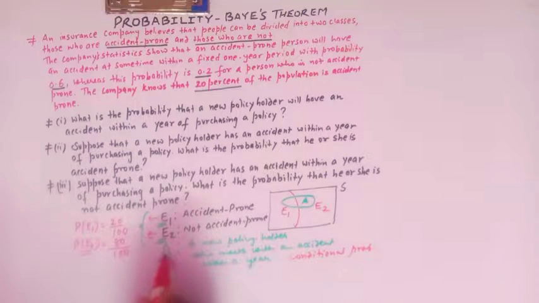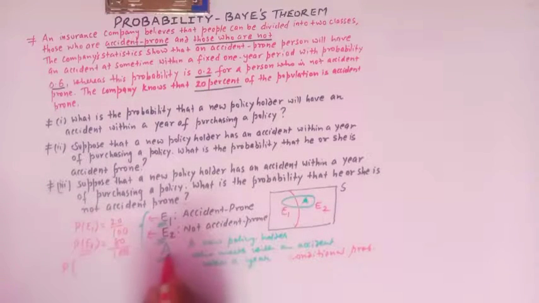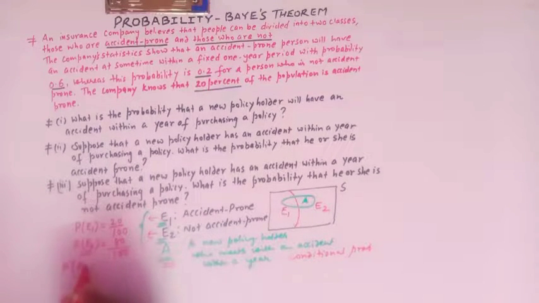Because this event A is associated with both E1 and E2, the conditional probability of A when E1 has happened is given, and similarly the conditional probability of event A when E2 has happened is also given.